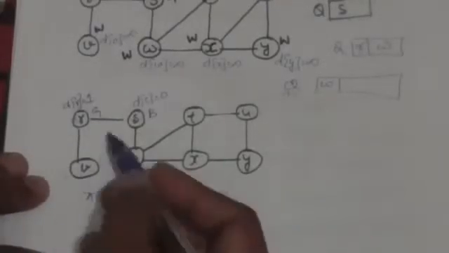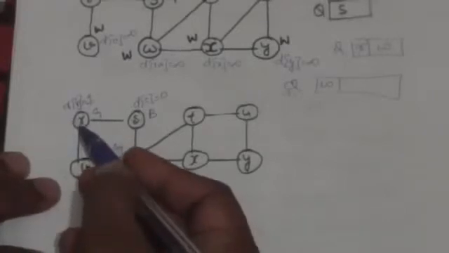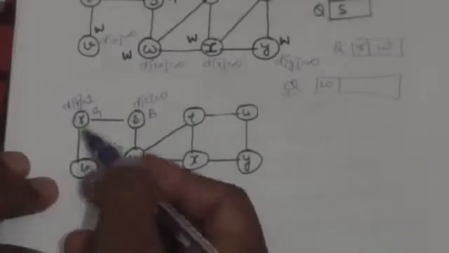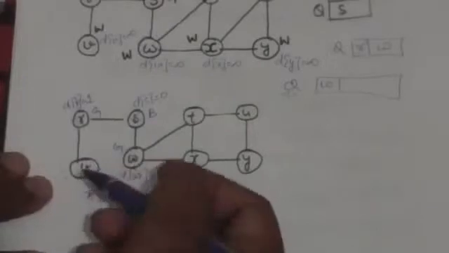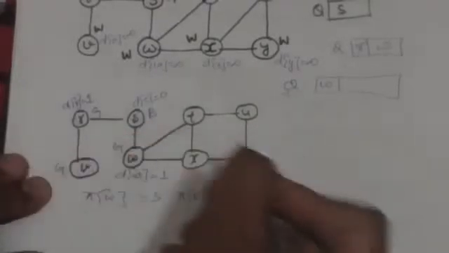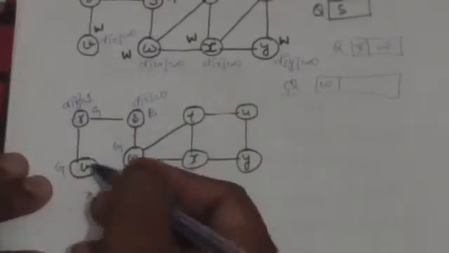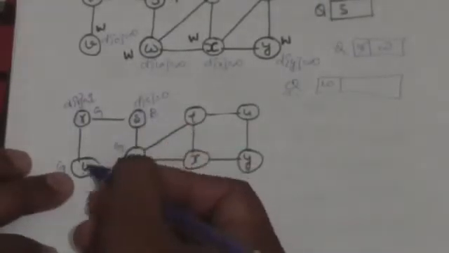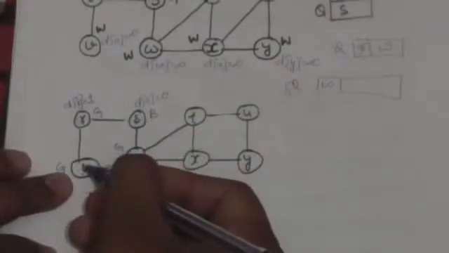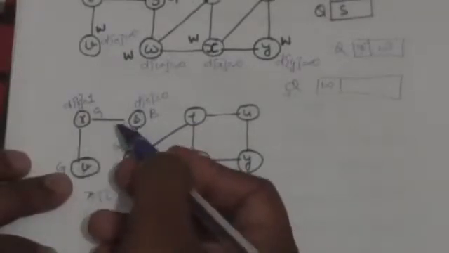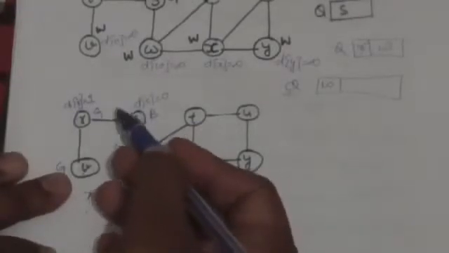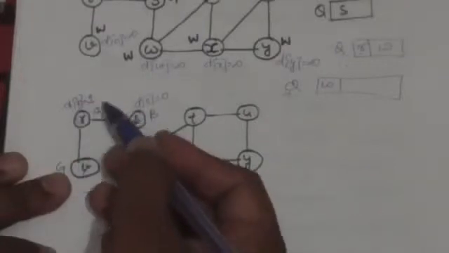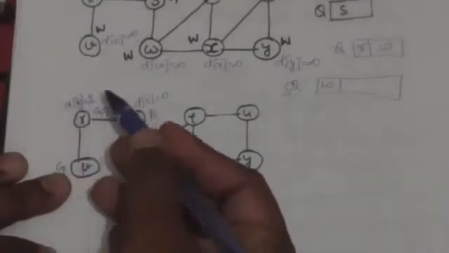So what will we do? First of all, we will change the color of vertex V from white to gray. And the distance of vertex V from source vertex S will be set to the distance of vertex R from source vertex plus 1.